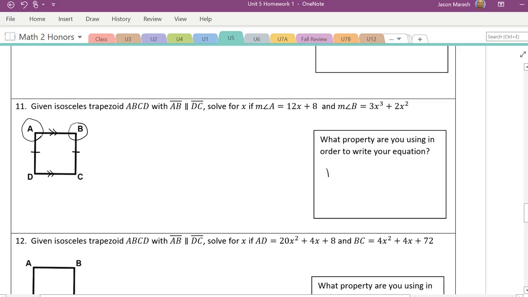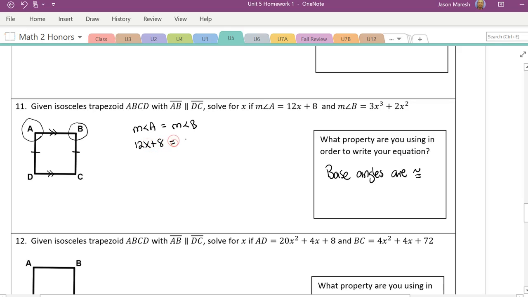The property is that the base angles are congruent. So we can say that the measure of angle A is equal to the measure of angle B. And the measure of angle A is 12x plus 8.